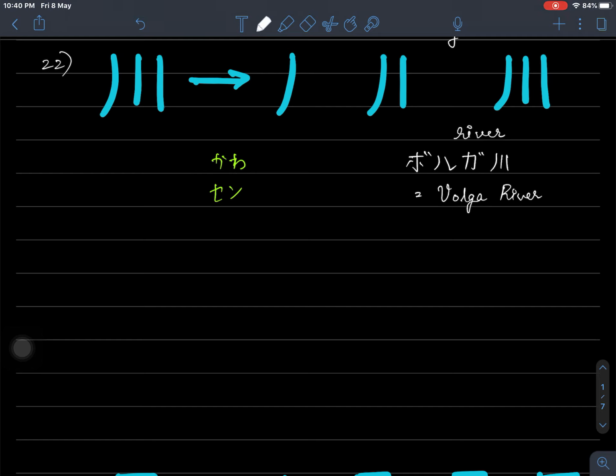The Volga River being a river in Russia, and you would read it as Burga Kawa. Now then, let's have a look at the next word.